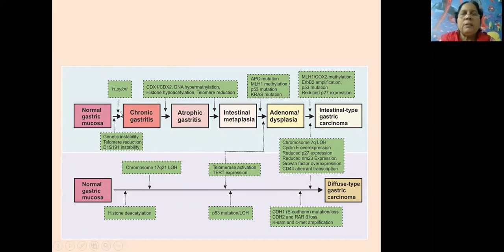Whereas in the intestinal type, there are some steps. Normal gastric mucosa with H. pylori or genetic instability, all that put together causes chronic gastritis. Then you have CDH1 mutation, atrophic gastritis, then intestinal metaplasia. Here come APC mutation, KRAS mutation, P53 mutation, and that will cause adenoma or dysplasia, then intestinal type gastric carcinoma.